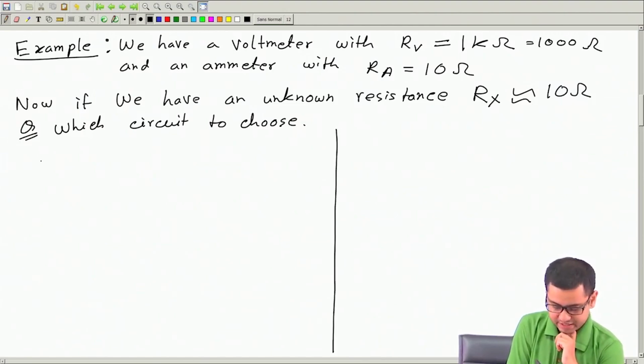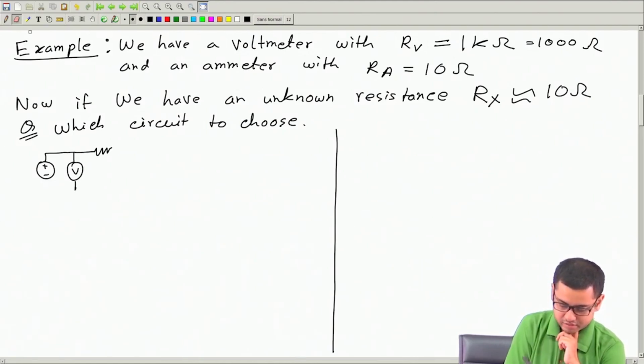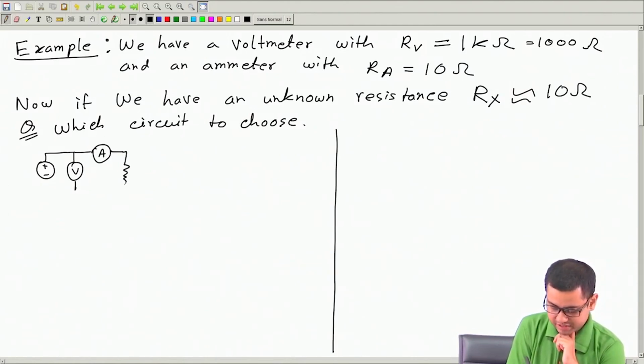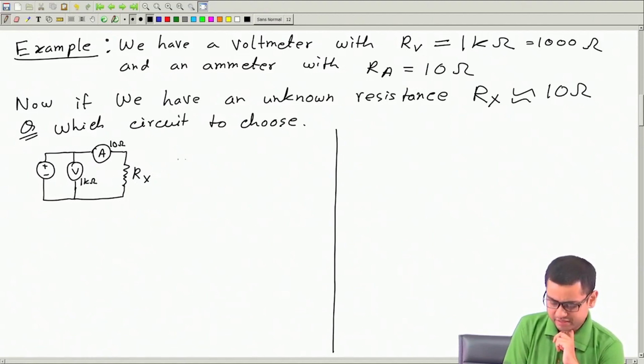So one circuit is like this: a voltage source, then let's take a voltmeter, ammeter, resistance Rx. So this is one circuit, ammeter resistance is 10 ohm, this is 1 kilo ohm, and this is say 10 ohm.